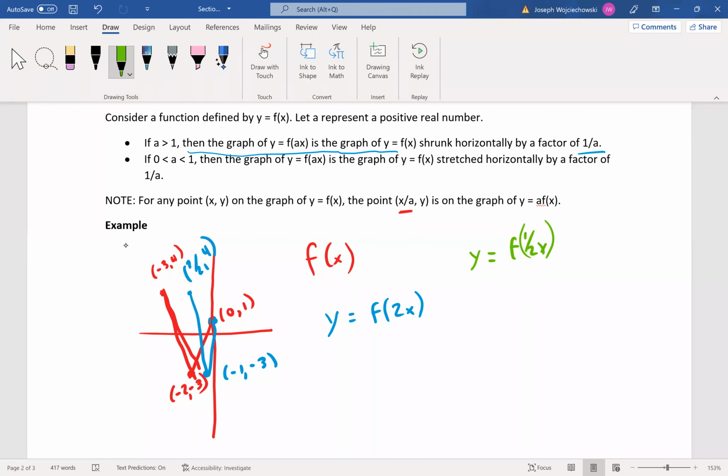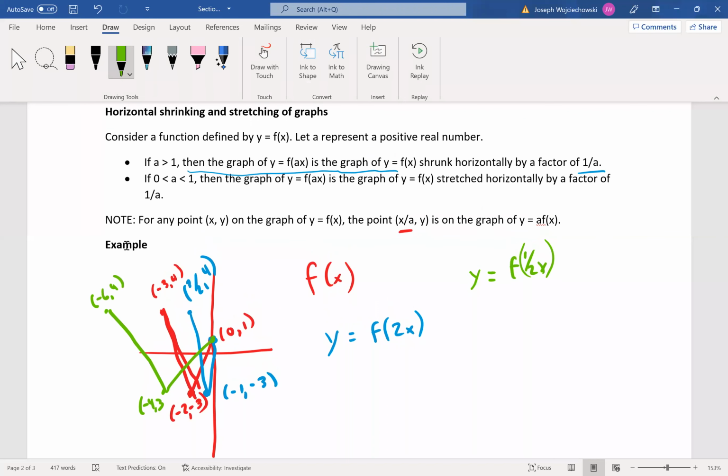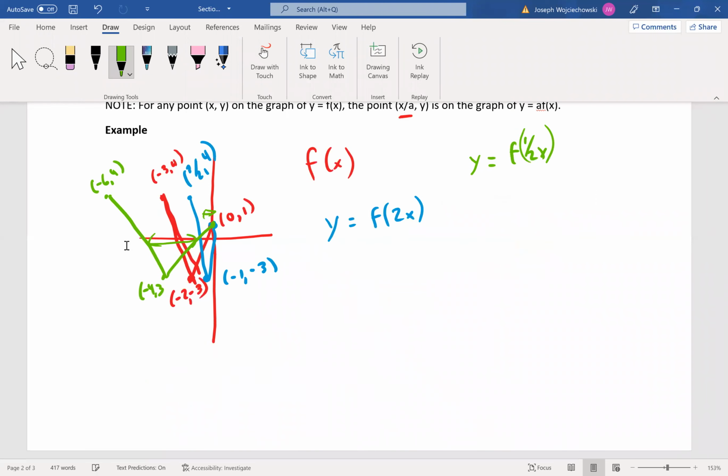So this becomes -6, 4. This becomes -4, 3, and this still becomes 0, 1. And so you see how we stretched it horizontally. We stretched it out here. We squeezed it in here.